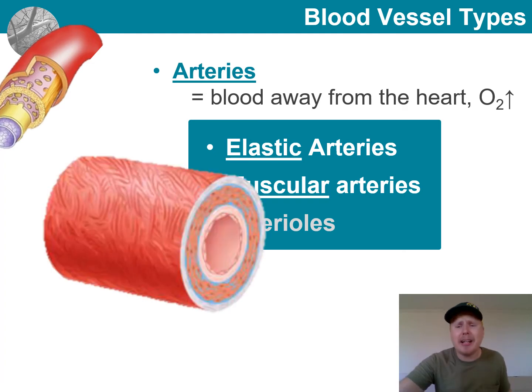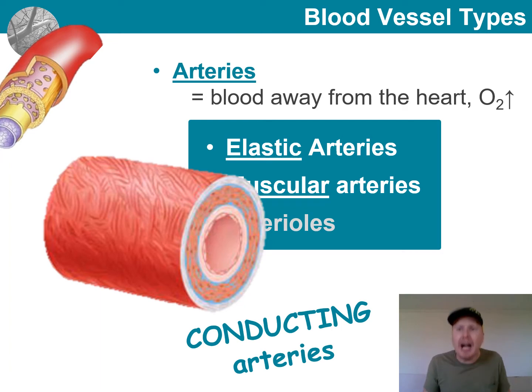These are characterized by a thick wall and a lumen that facilitates a flow of the blood by having a low resistance to it. So they are very much our conducting arteries. A good example of this type of arteries would be our aorta and its first initial branches from the aortic arch. And when we look at the wall structure of these vessels, they are characterized by having a lot of elastin in the wall.